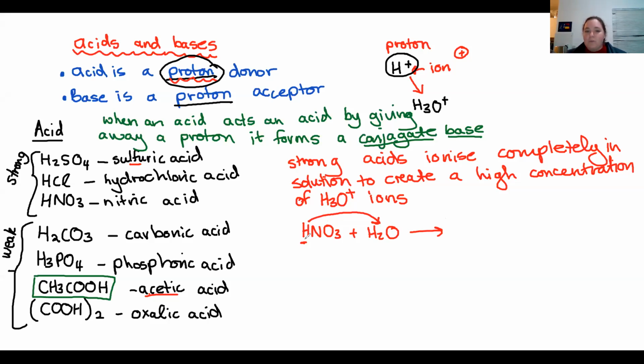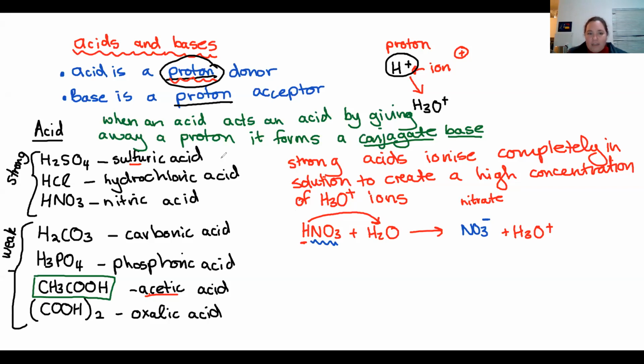So what happens when the H plus joins with the H2O is we get H3O plus, and what's left over here is the NO3. Please remember it's an NO3, and because it lost an H and a plus, it's NO3 minus. So when nitric acid acts as an acid, it will produce a nitrate ion, always.